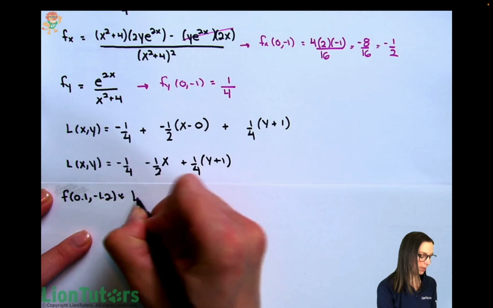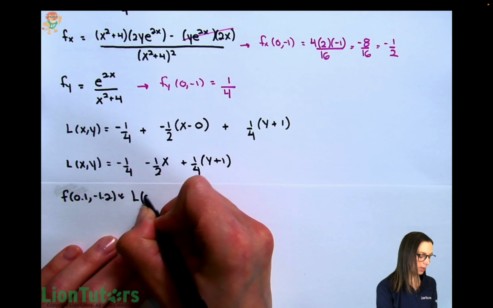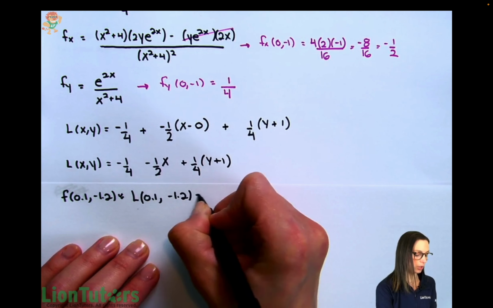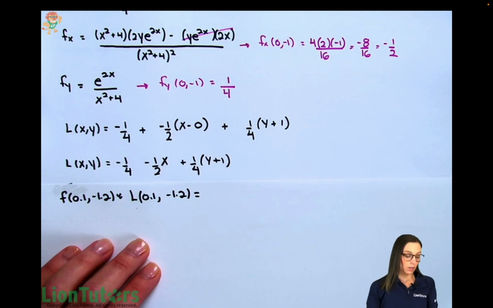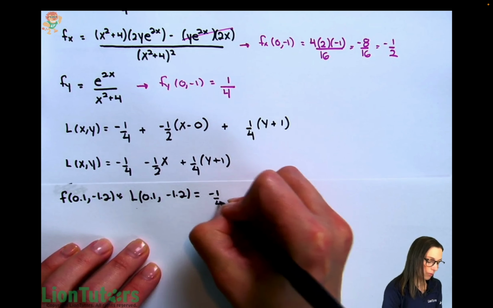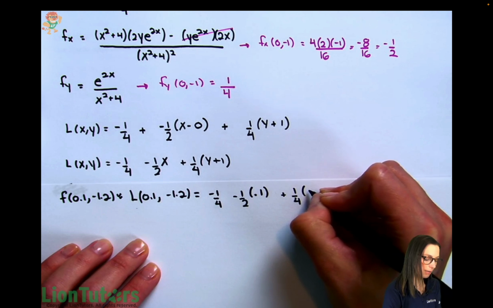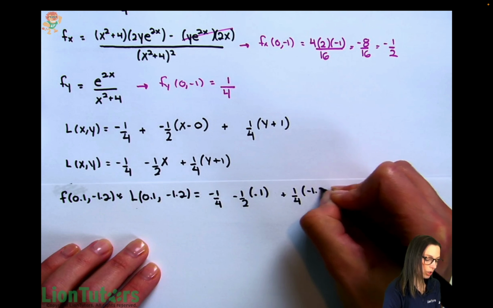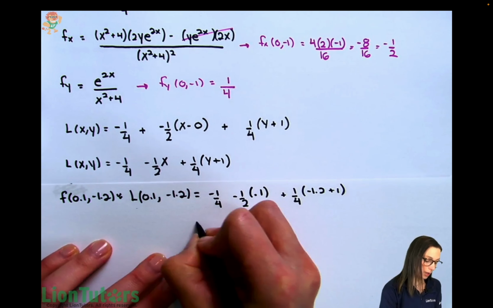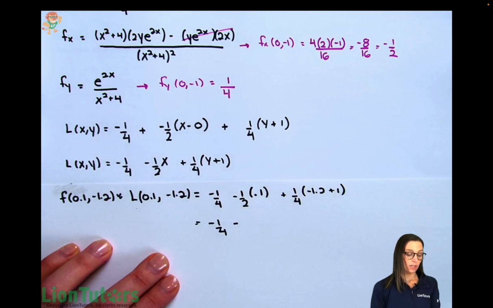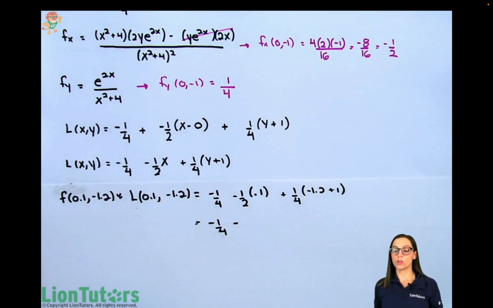And we're going to do that by taking our formula and plugging in a 0.1 for our x and a -1.2 for our y. So when we do that, we get -1/4 minus 1/2 times 0.1 plus 1/4 times -1.2 plus 1.